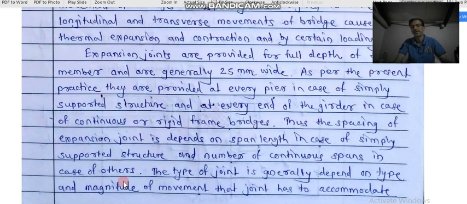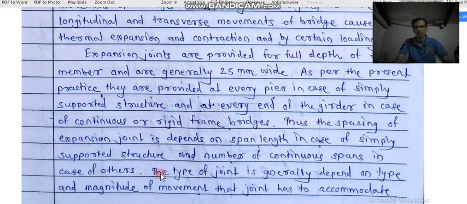In continuous bridges, the distance between two expansion joints is at the end of the girder. So at the end of each girder, you have to provide an expansion joint.